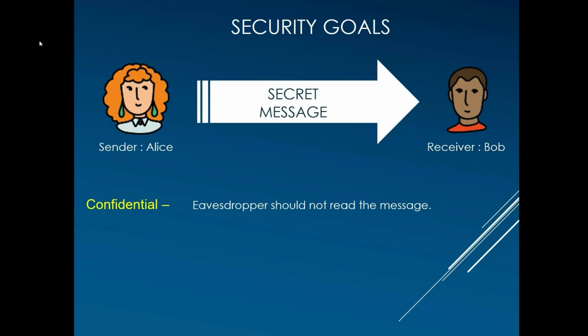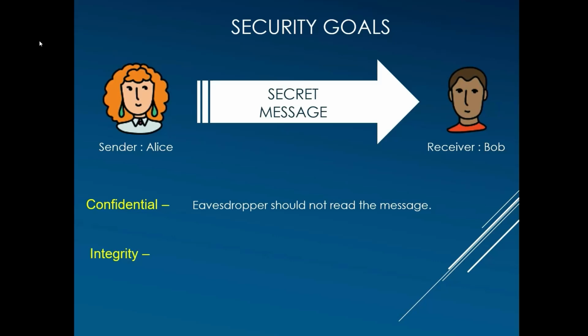What happens in this case is the receiver, when he tries to decode it, won't get the exact message that was sent by Alice. So the entire goal of sending the message by Alice to Bob is useless. So integrity of the data has to be maintained. The data should not be modified by an attacker in transit between the sender and the receiver.